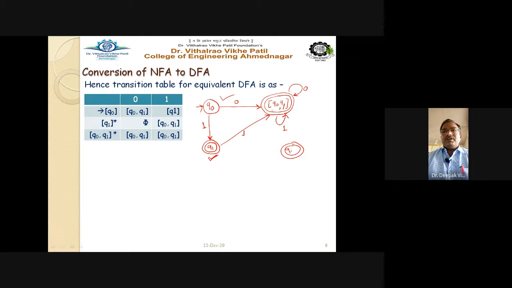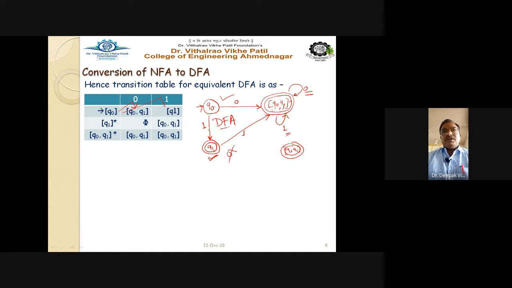You know that the final state is always marked in a double circle, and these states are put in square brackets. The transition Q0 on 0 goes to Q0, Q1. And Q0 on 1 goes to Q1. Q1 on 1 goes to Q0, Q1, but there is no transition on 0 input from Q1. But Q0, Q1 on both 0 as well as 1 has a self loop, a self transition. So this is nothing but your resultant DFA.